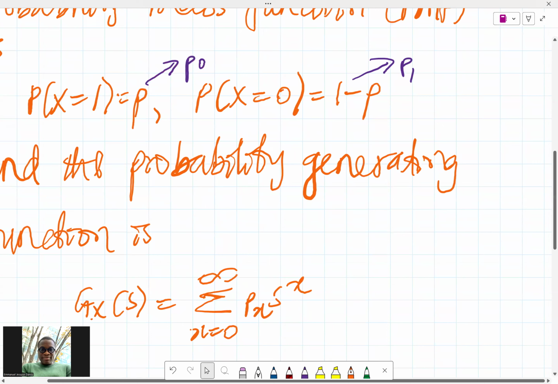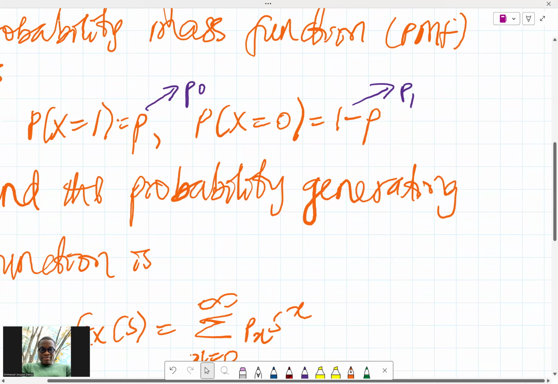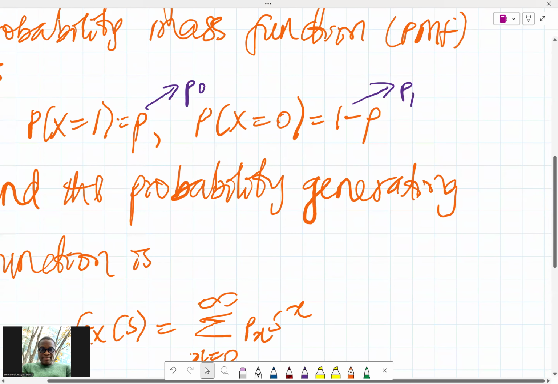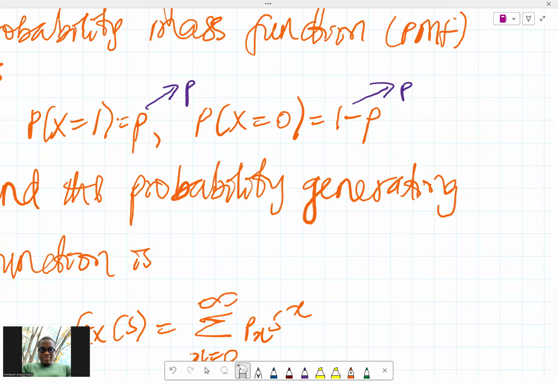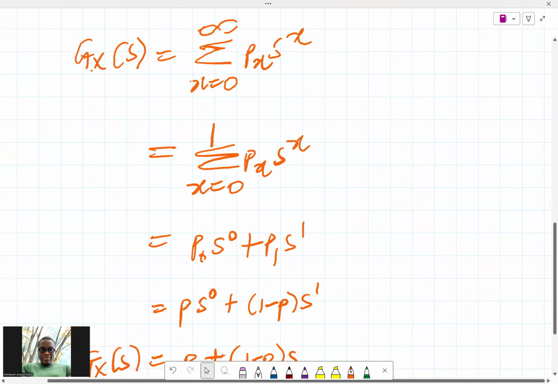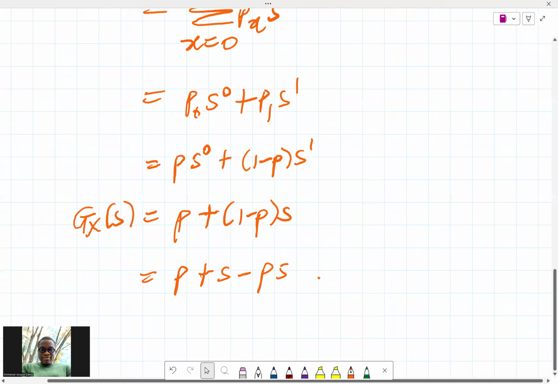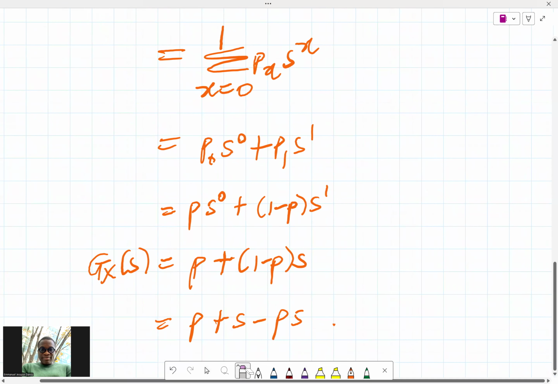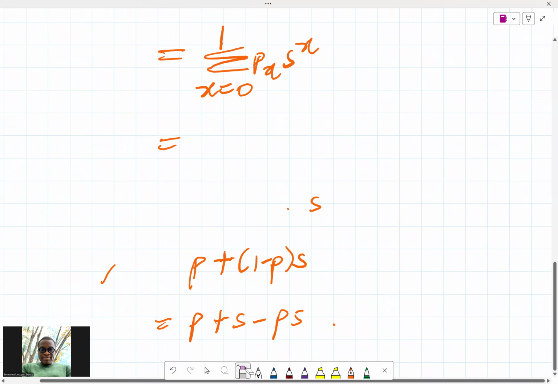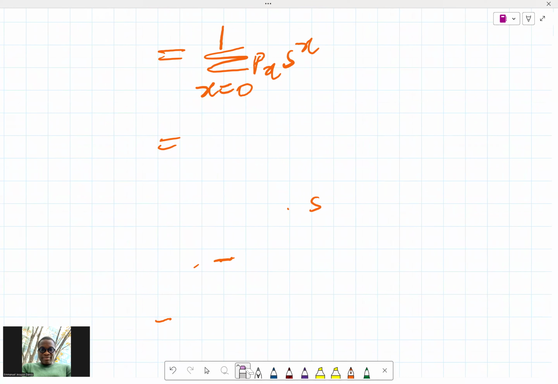Oh yeah, it should actually be the other way around. This would actually be p_0 and this is p_1. Let's redo this to make more sense.